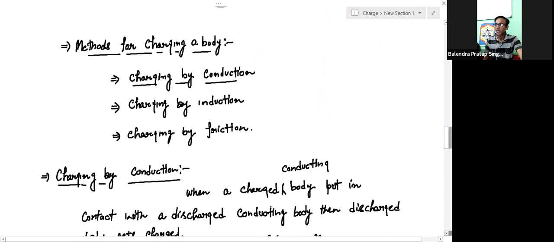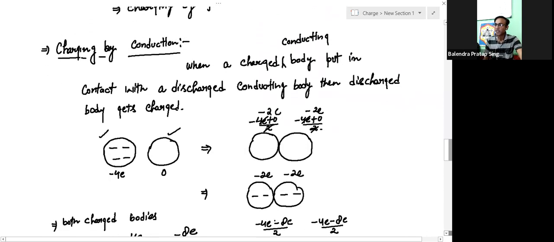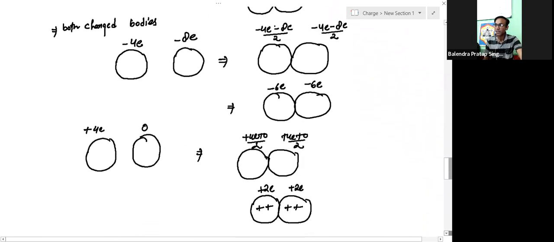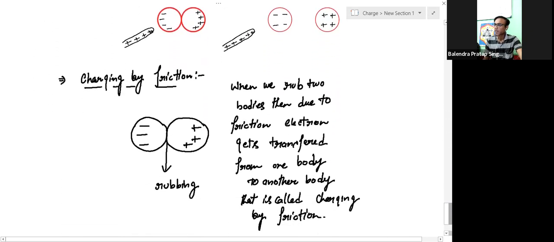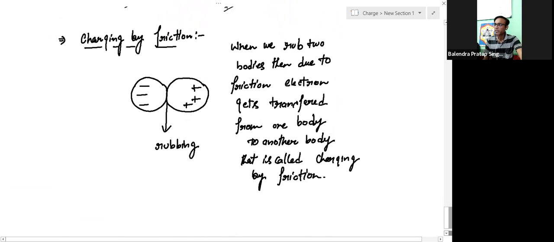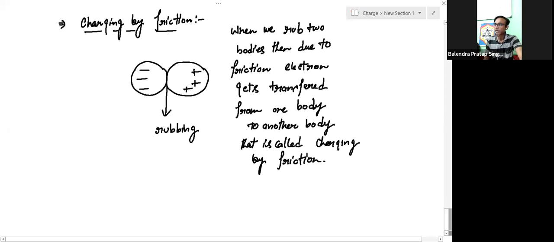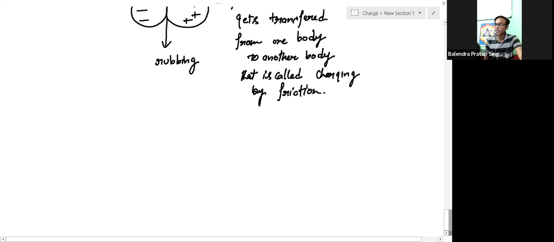All the methods I discussed very briefly. If there is any question related to these methods, then you can ask. If no questions, we can go to the basic properties of charges.